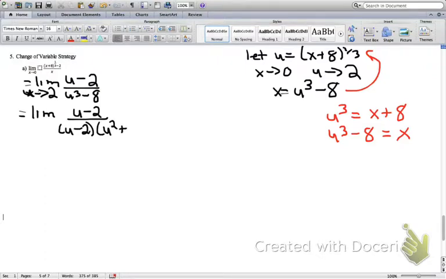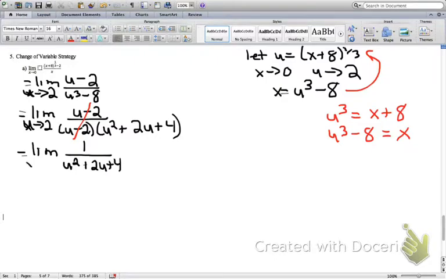And we get u minus 2 times u squared plus 2u plus 4, as u approaches 2. So this is going to equal the limit of 1, because our u minus 2's cancel out. So we have 1 over u squared plus 2u plus 4 as u approaches 2.